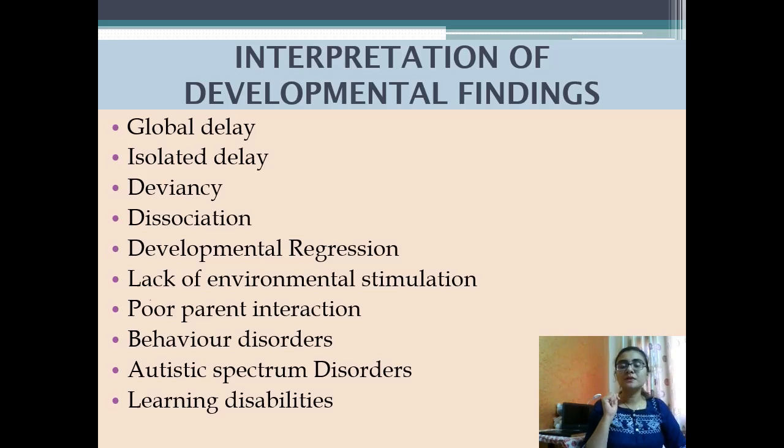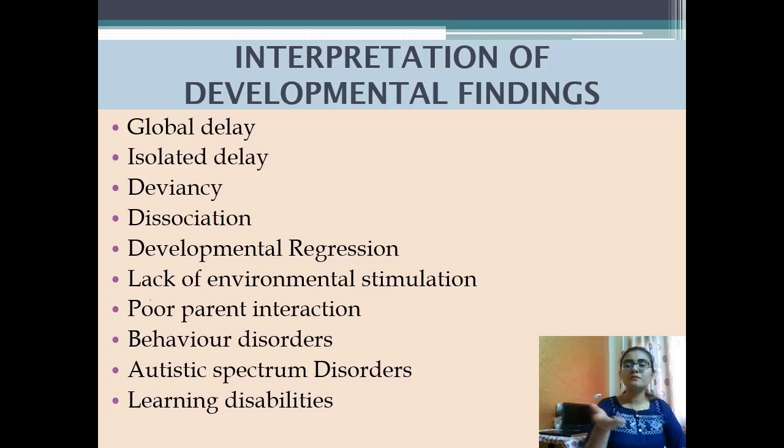Next is developmental regression. Developmental regression is when a child loses its already attained developmental milestones. A child who knows how to run suddenly loses his running and comes to sitting. And the main causes of this are CNS deficits, CNS infections, any kind of injury to the head that may lead to developmental regression.